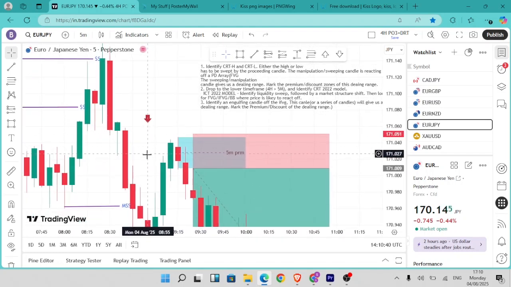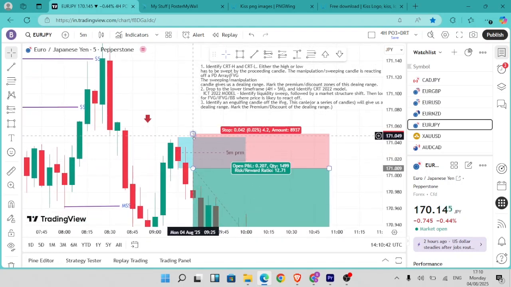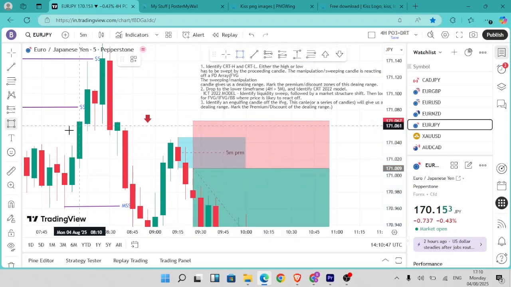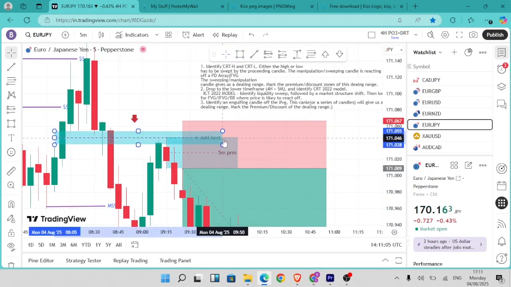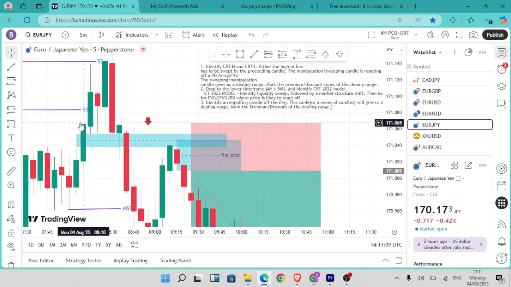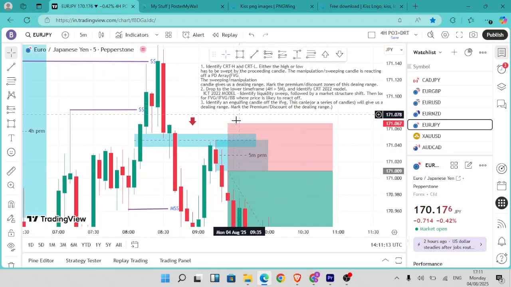And maybe you will want to adjust the stop to also cover this inverted fair value gap. Yes, price reacted off this fair value gap, and then came and went higher and then dropped.